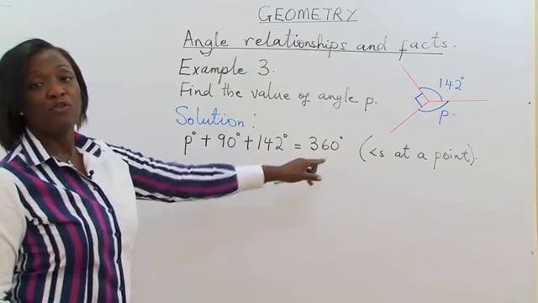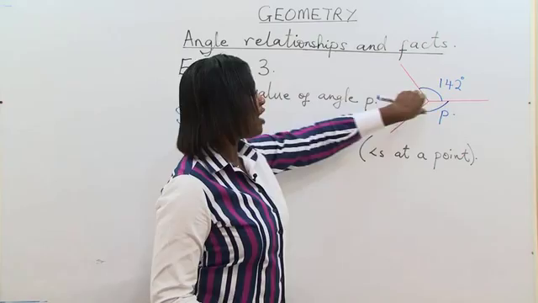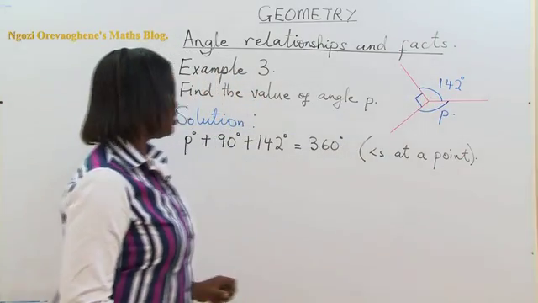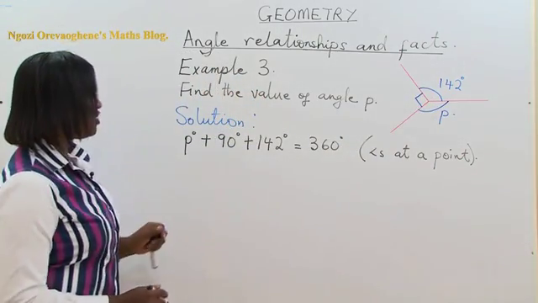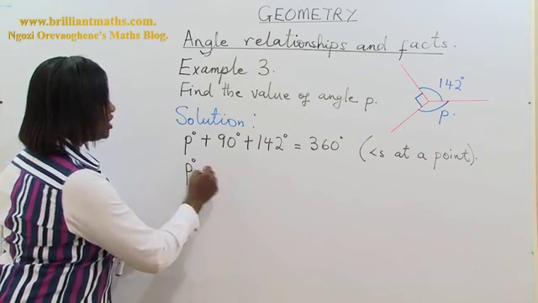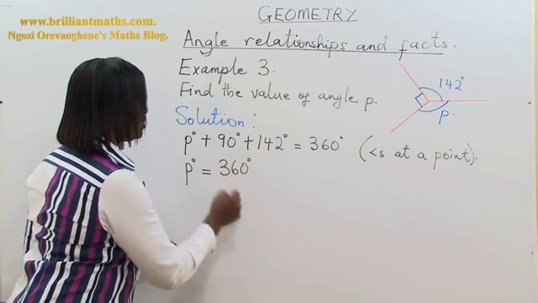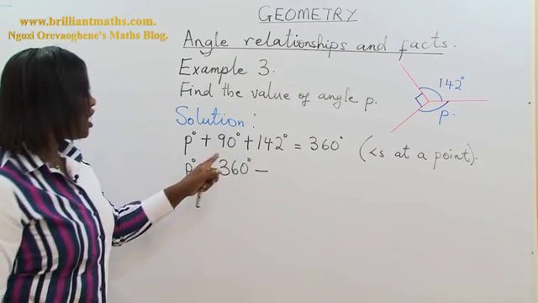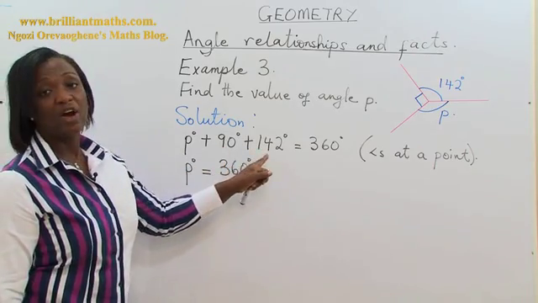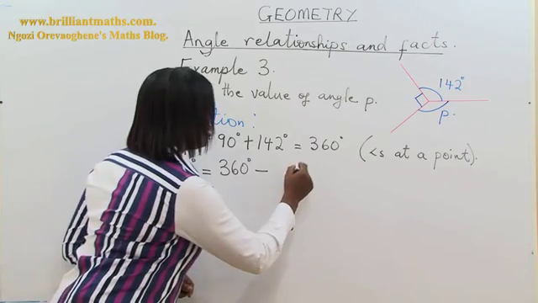That's the reason for this claim, because we know that the three angles are at a point, so it's a revolution. To find the value of P, P degrees is equal to 360 degrees take away the sum of 90 degrees and 142 degrees. So 0 plus 2 is a 2.